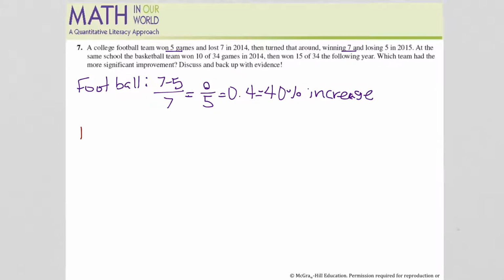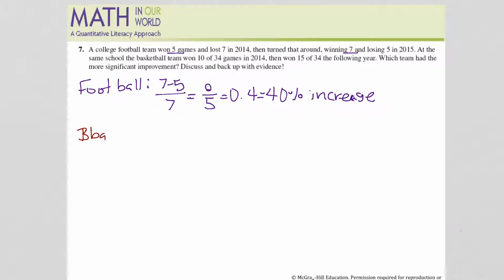For basketball, we're taking the wins again, so 15 minus 10 over 10. That's a 50% increase.